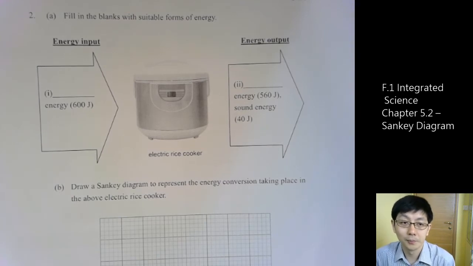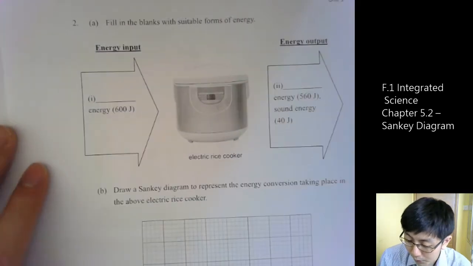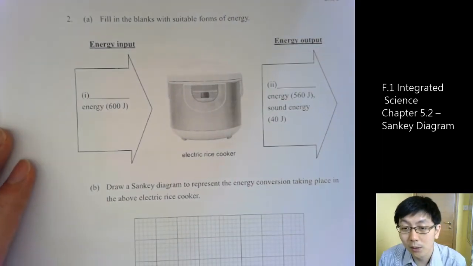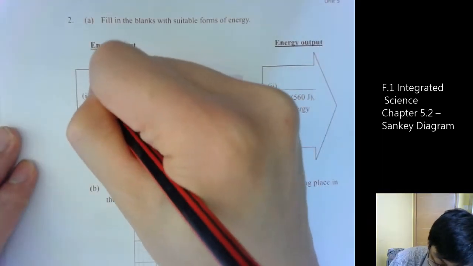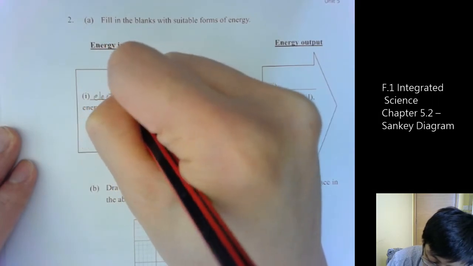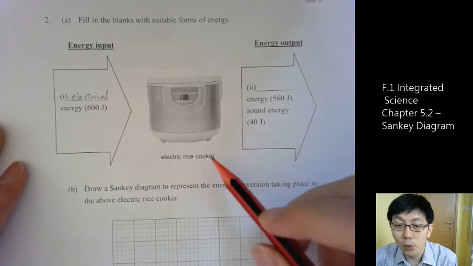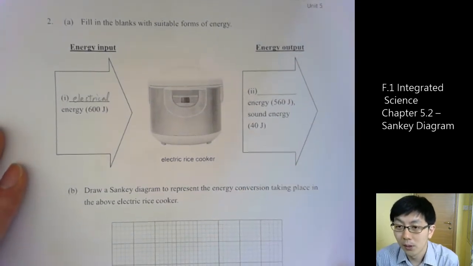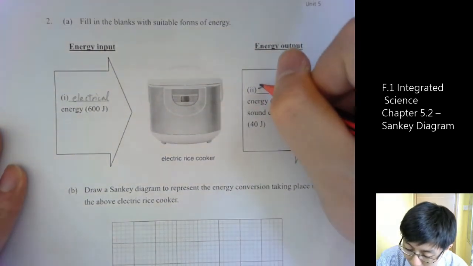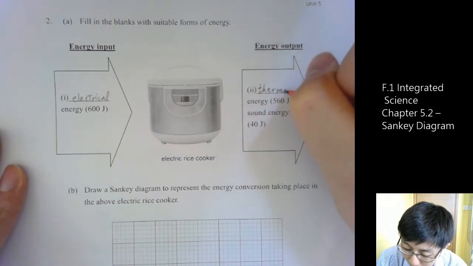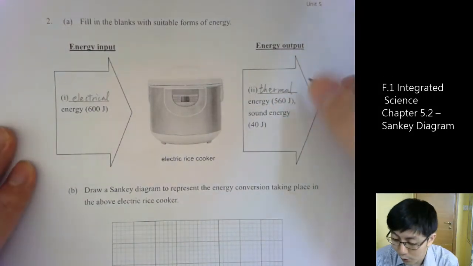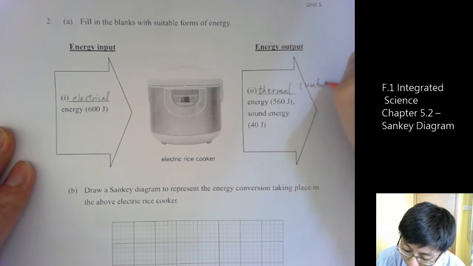For the energy input, it is an electric rice cooker, so of course we are inputting electrical energy. And for the energy output, we use it to cook the rice, so we need to heat up the rice. We must have thermal energy as a useful energy output.